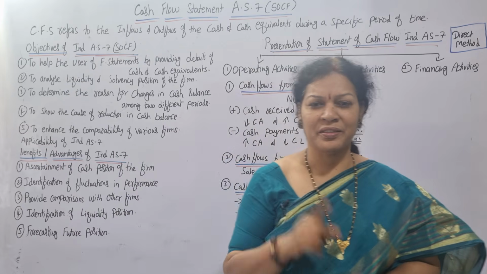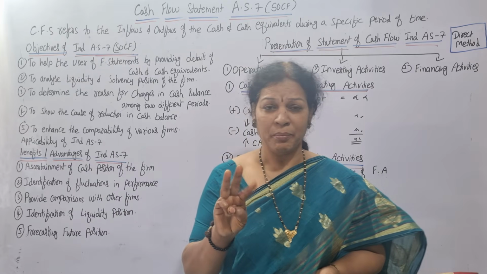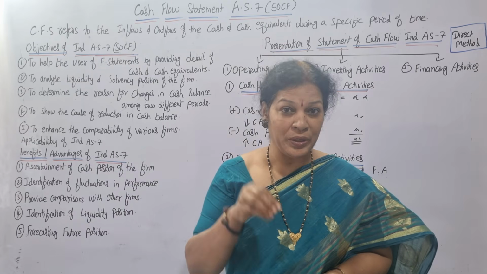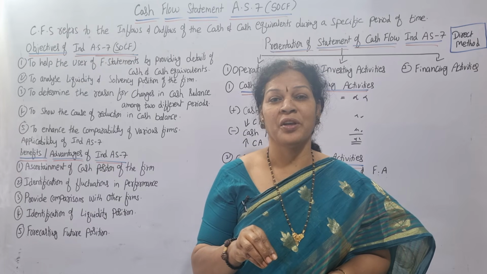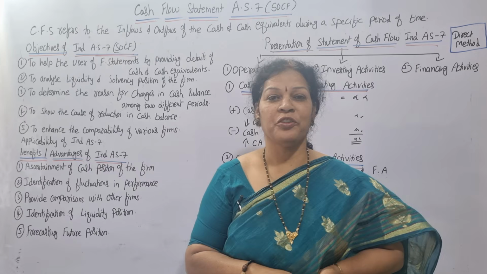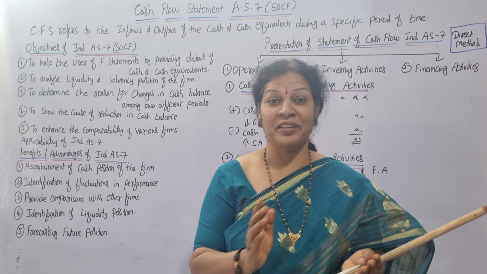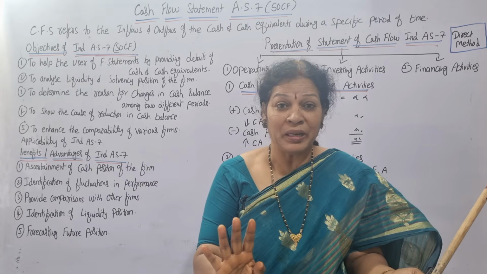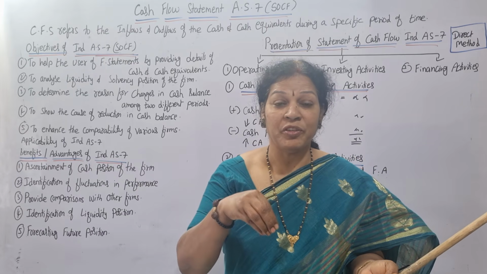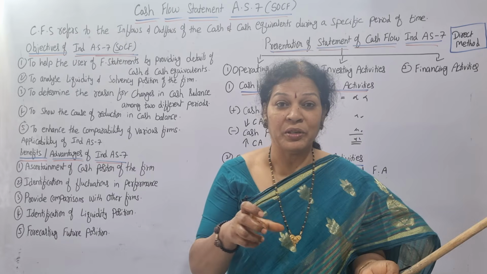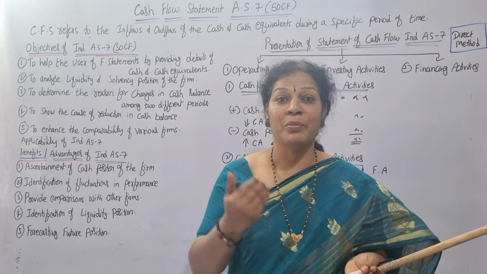We know that we prepare the trading account, profit and loss account, and balance sheet, but out of these three, do we know in-depth information about the cash? No. Simply in the balance sheet you will find on the asset side cash at bank, cash in hand, that's it. But detailed information about how the cash is flowing, how much is inflow, how much is outflow.